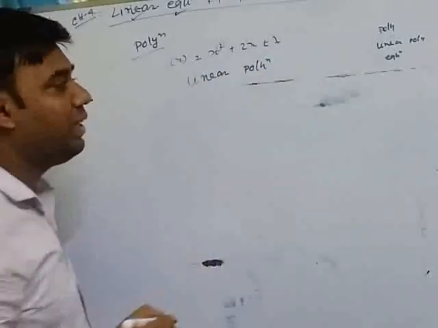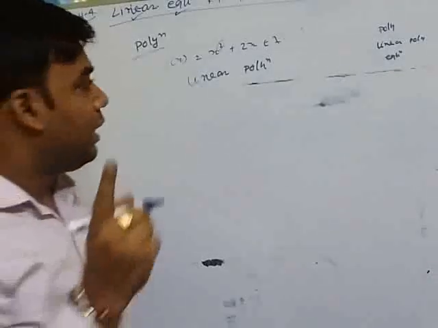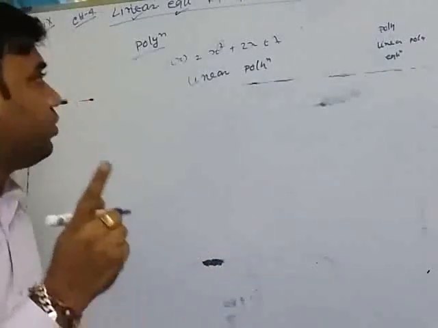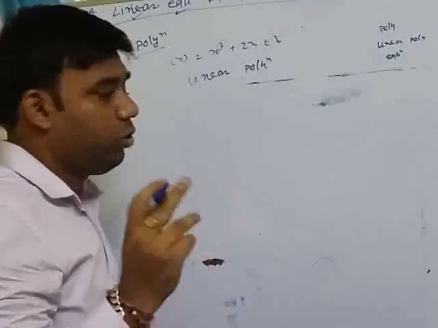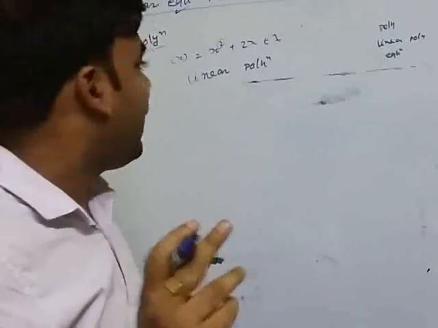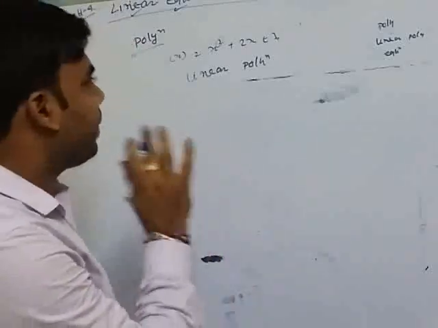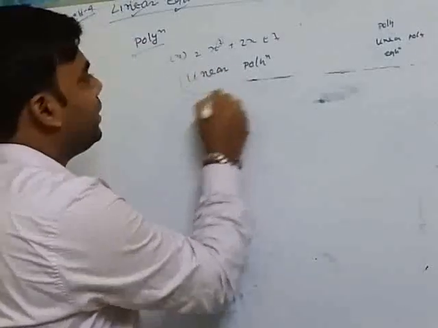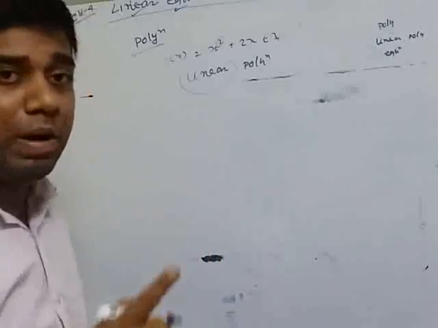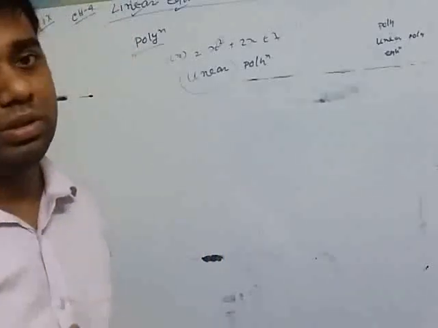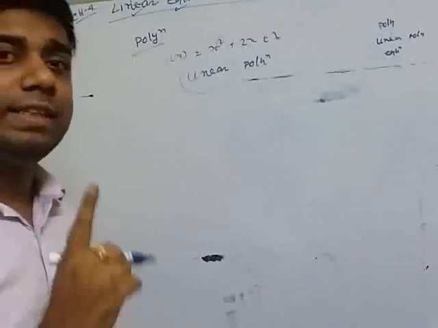Linear polynomial means the degree of the algebraic expression of the polynomial is 1. So linear means the highest power of that expression should be 1.